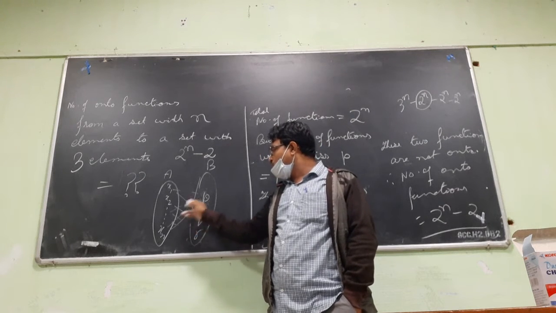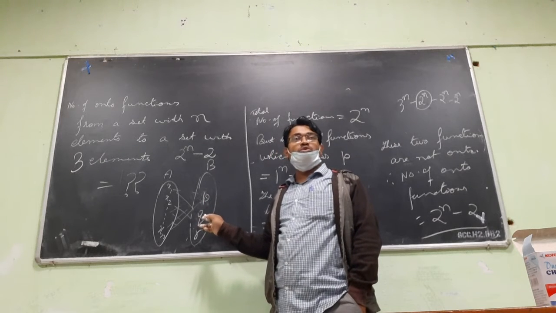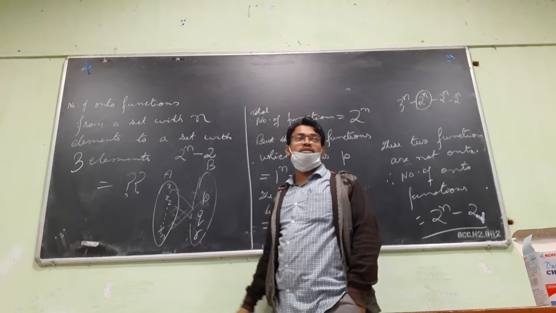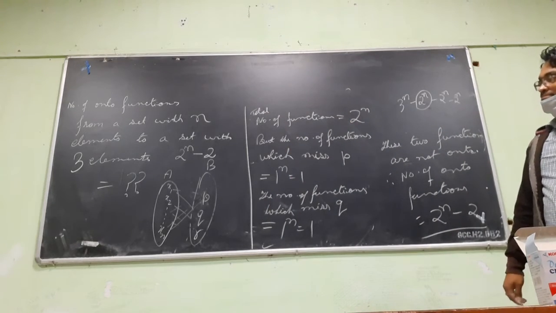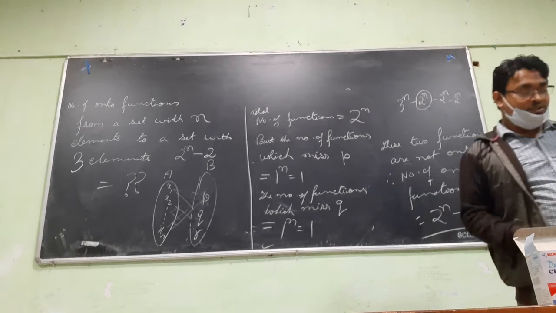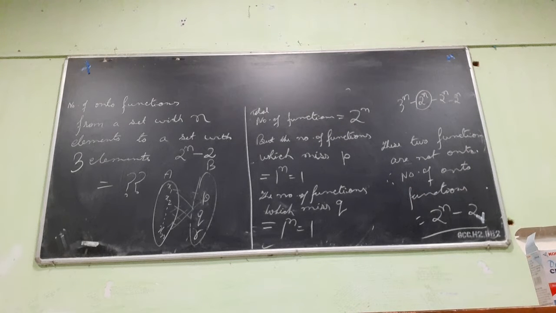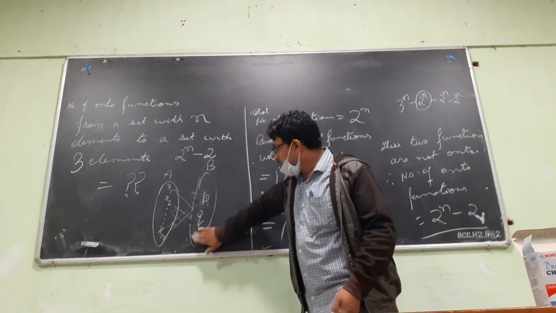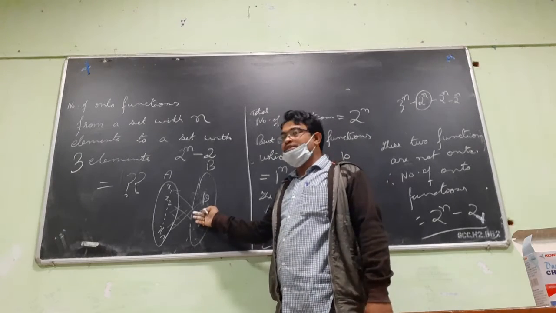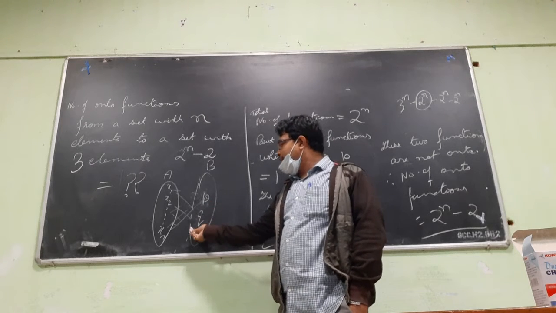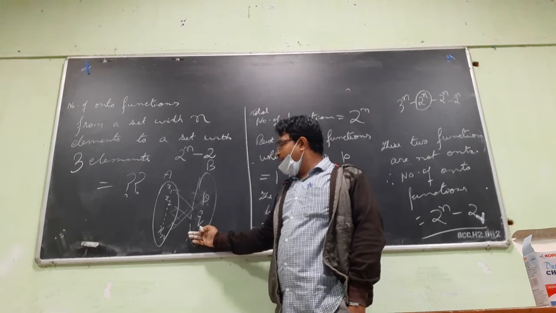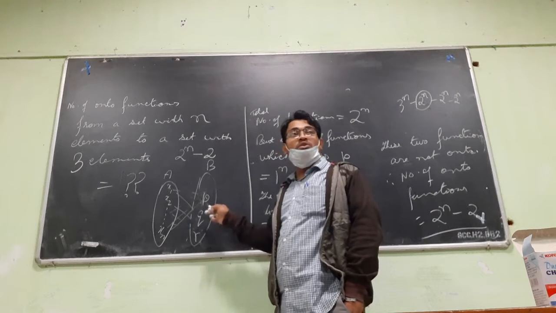Those functions go to the set pq, but those functions may not be onto. Try to think. It's not that straightforward here. The first case was very easy because there were only 2 elements, so if one element is missed, all other functions become onto. But in the second case this is not true. If one element is missed, even then the function cannot be onto.